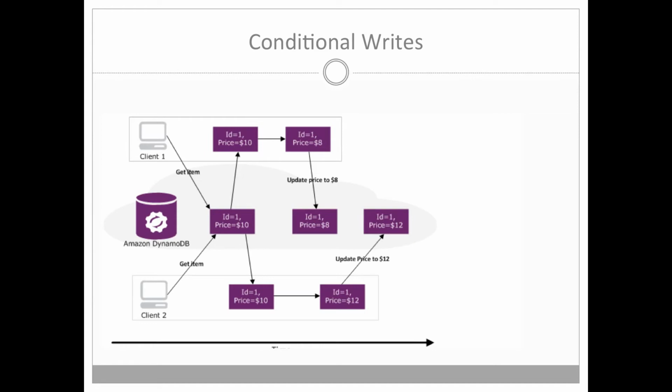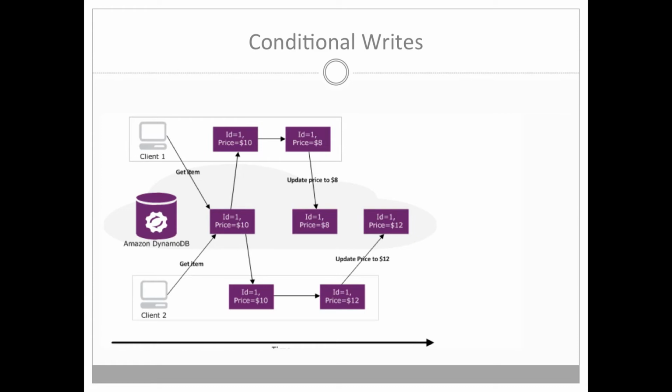Now, client 2 decides to update the data to some price. But when client 2 was updating the data, client 1 also updated the data and changed the price from $10 to $8. So when client 2 is updating the data, that client is really updating stale data.